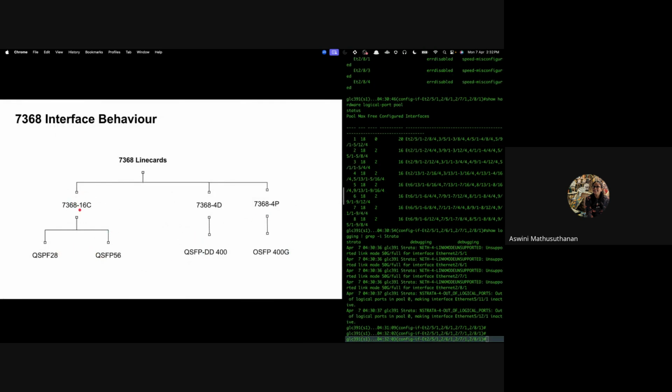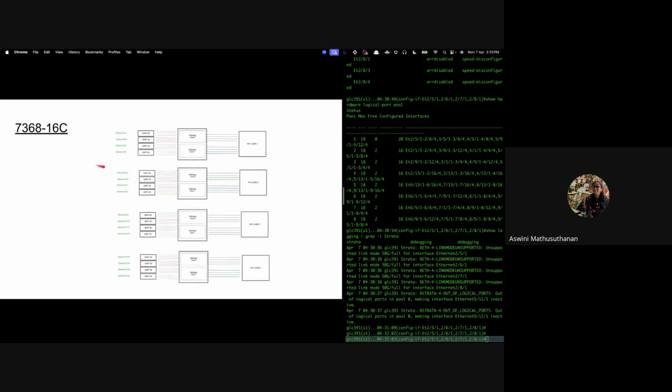The Sperry line card, which has 16 interfaces, 100 gig interfaces, is split as pairs of QSFP 28 and QSFP 56, whereas the Grinnell line cards, which had 4 cross 400 gig transceivers, will split as just QSFP-DD 400, and the other form factor is OSFP. The model names are different for these two. There's 4D and 4P. For OSFP, it is 4P. For QSFP, it is 4D.